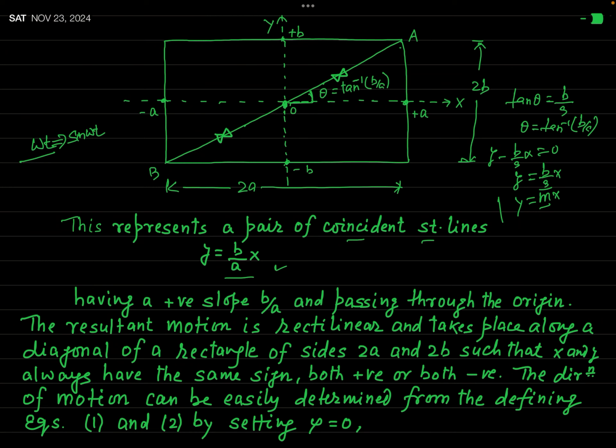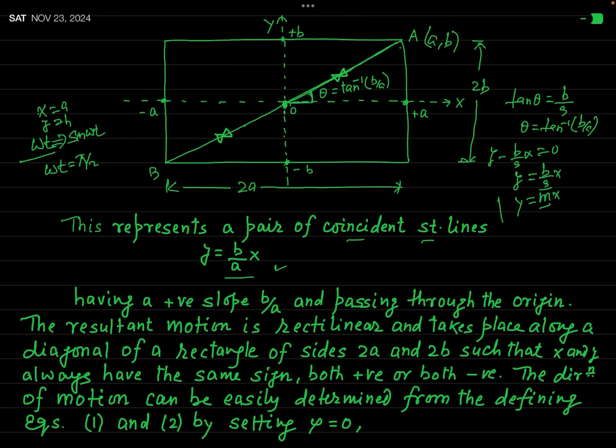And when omega t becomes pi by 2, then sine omega t will be equal to 1, and x will be equal to a and y will be equal to b. And this is the coordinate of this point A, (a, b).